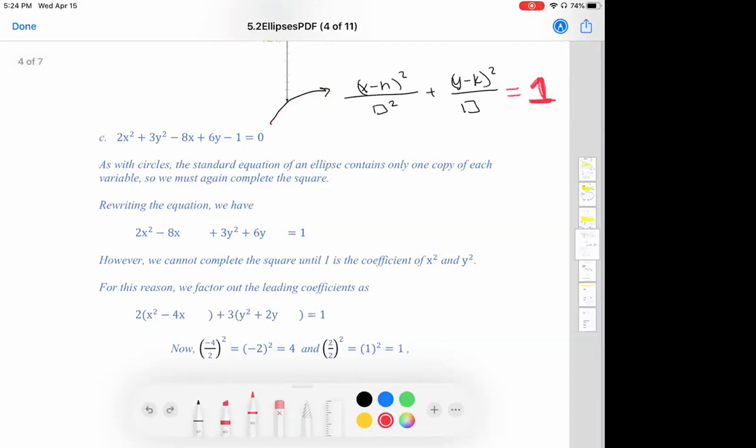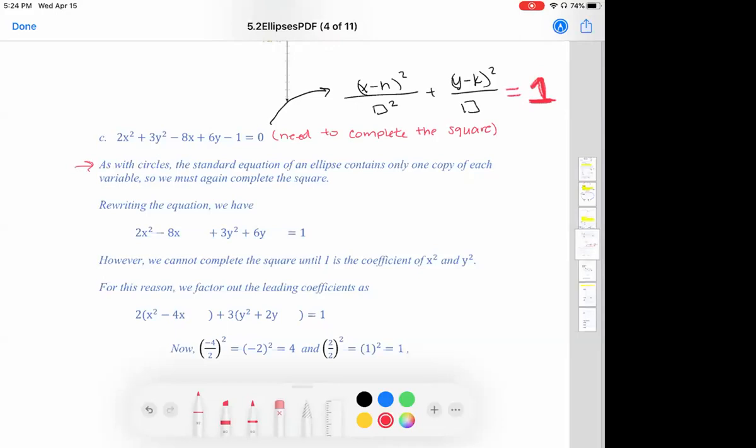Okay, let's go ahead and complete the square, so we can make sure it looks like our equation above, like our standard equation. Let's read from our text. As with circles, the standard equation of an ellipse contains only one copy of each variable.